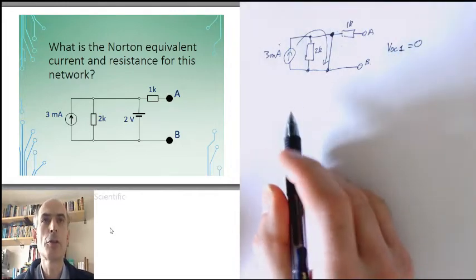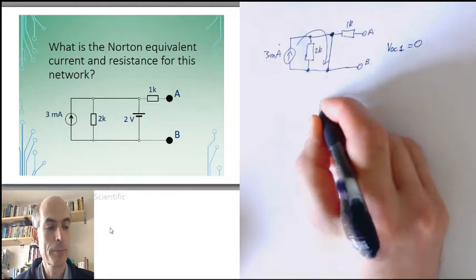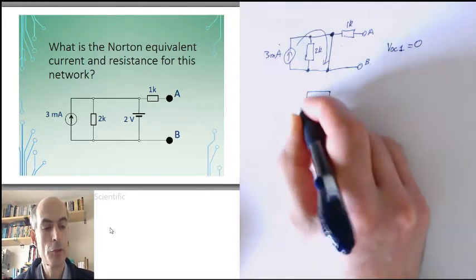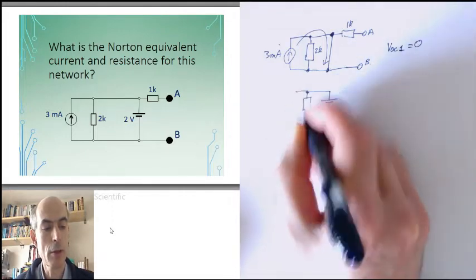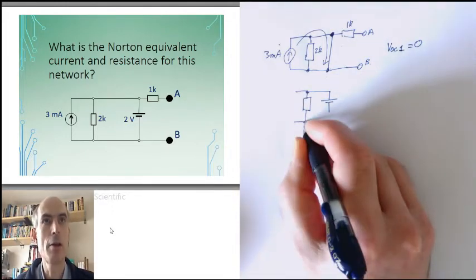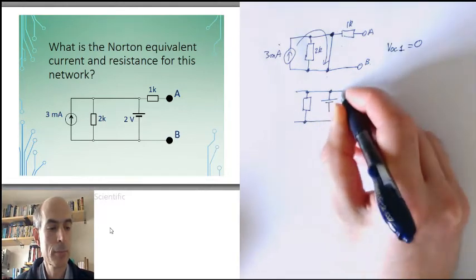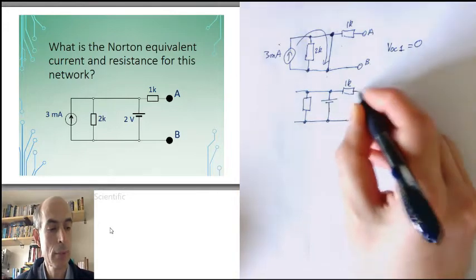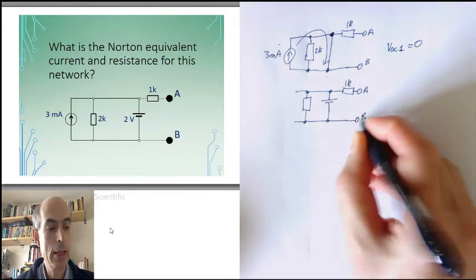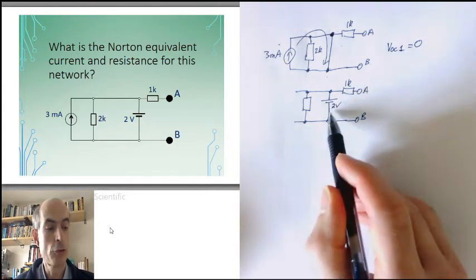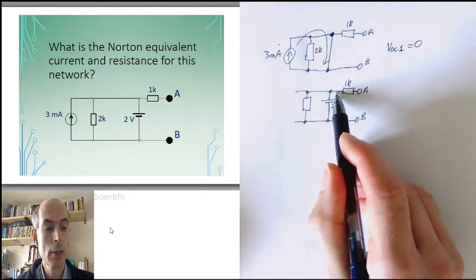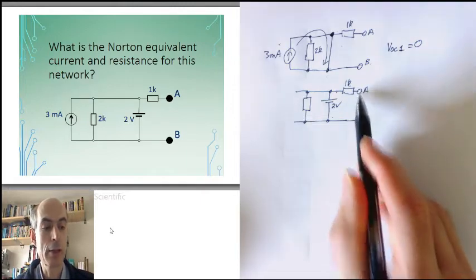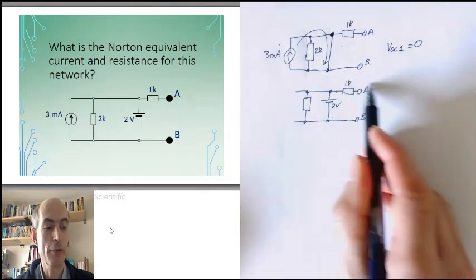Next, we'll consider the contribution of the voltage source. This time we turn the current source to 0, which means replacing it with an open circuit, which is just nothing. Now we have a 2 volt voltage source between here and here. There is no current flowing through the 1K resistor because there's nothing connected between A and B. There's nowhere for the current to flow.